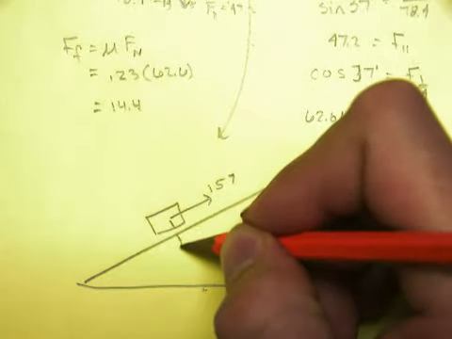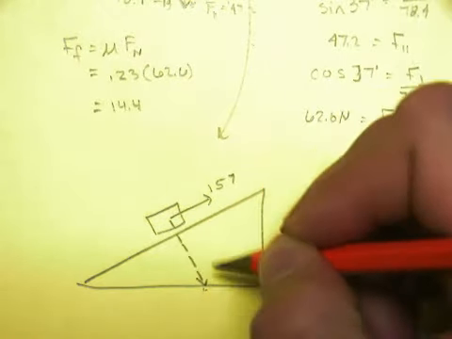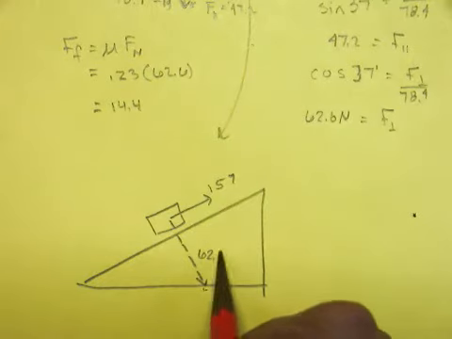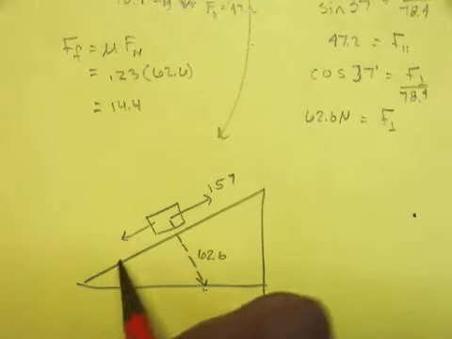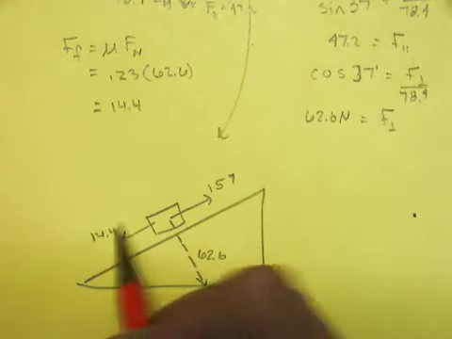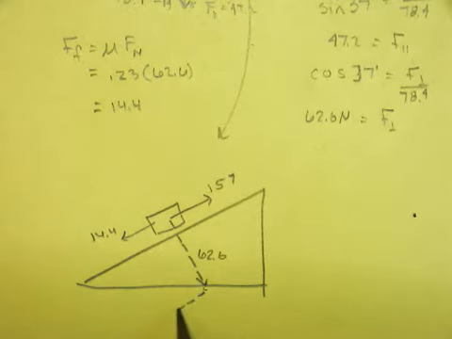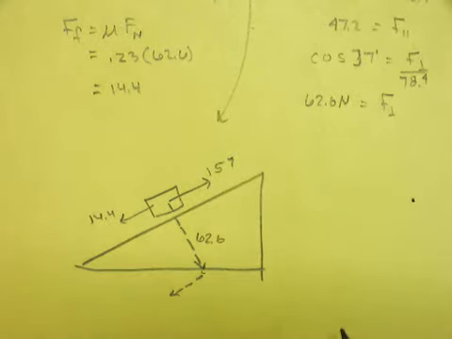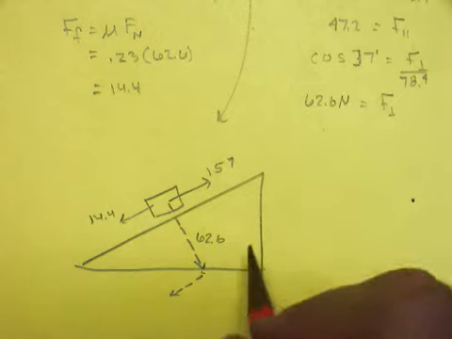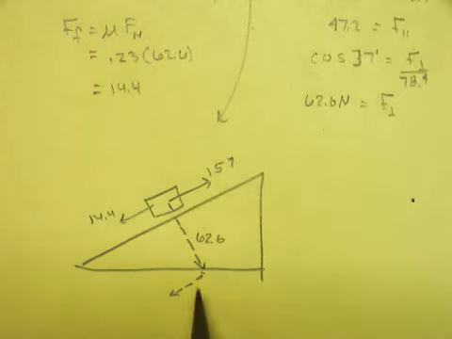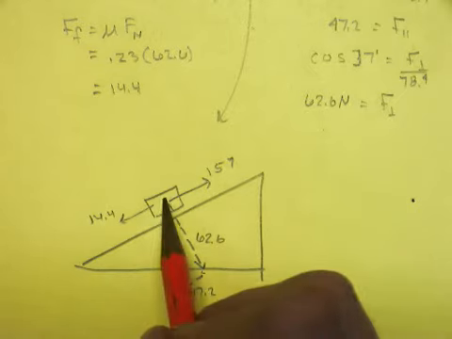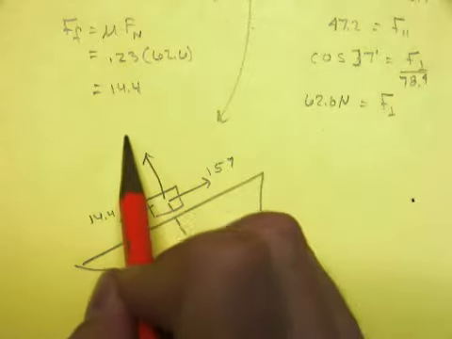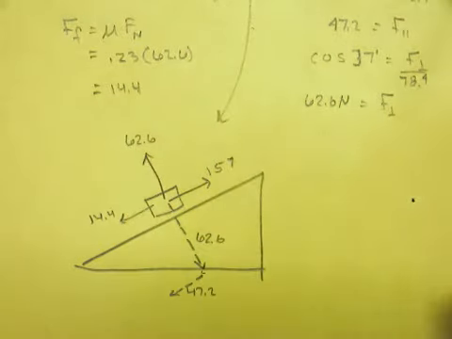I'm being pulled this way at 62.6. I'm being pulled this way at 14.4. I'm also being pulled this way at 47.2, and then I'm being pushed this way at 62.6.